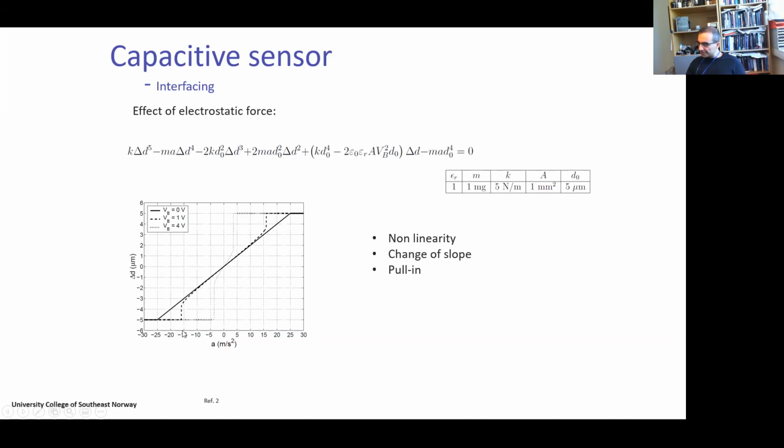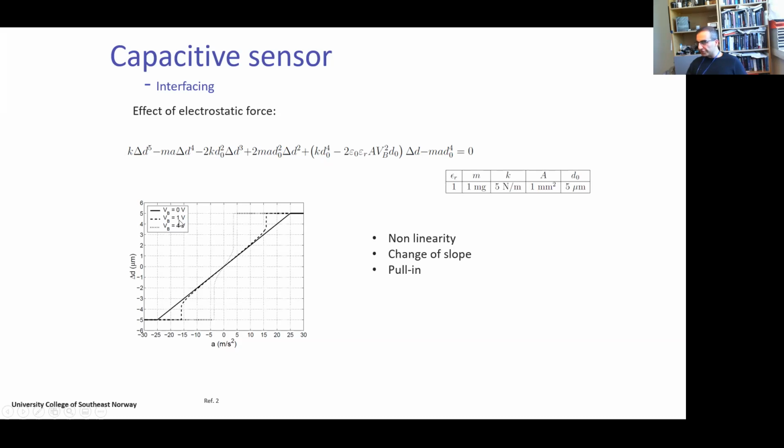The x-axis is the acceleration, and the y-axis is the change in the distance. If we don't have any biasing, then this system with these parameters could measure an acceleration from minus 25 to plus 25 meters per second squared, and the distance can vary between minus 5 to plus 5 micrometer.